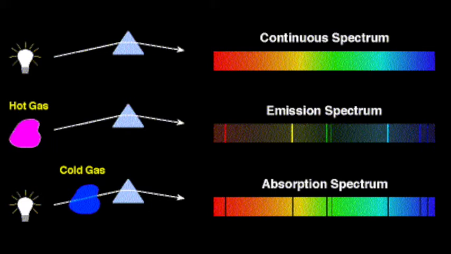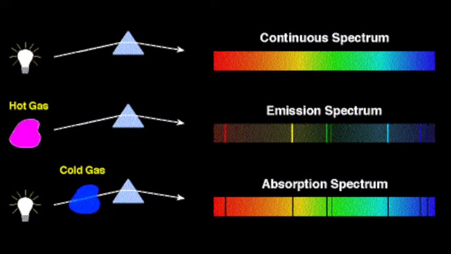So the different versions of spectra, and you need to be able to distinguish a continuous spectrum from a line spectrum. An example of a continuous spectrum would be a white hot metal object, such as an incandescent light bulb filament.